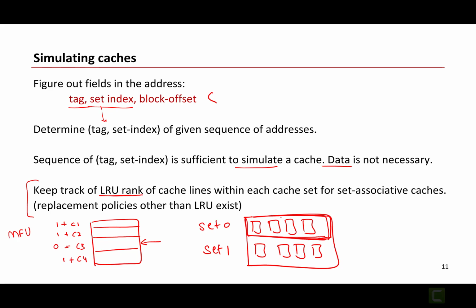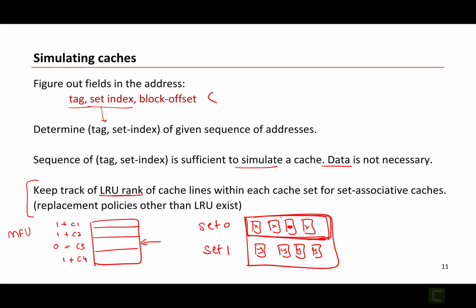So let's say that I have accessed all these cache blocks, and it turns out that the least recently used cache block across these 4 happens to be this one, so then I will choose that to be evicted. Now it may be the case that set 1 contains really old cache blocks that the program has rarely ever accessed. And so in that case you would say, well, that's not a good idea.